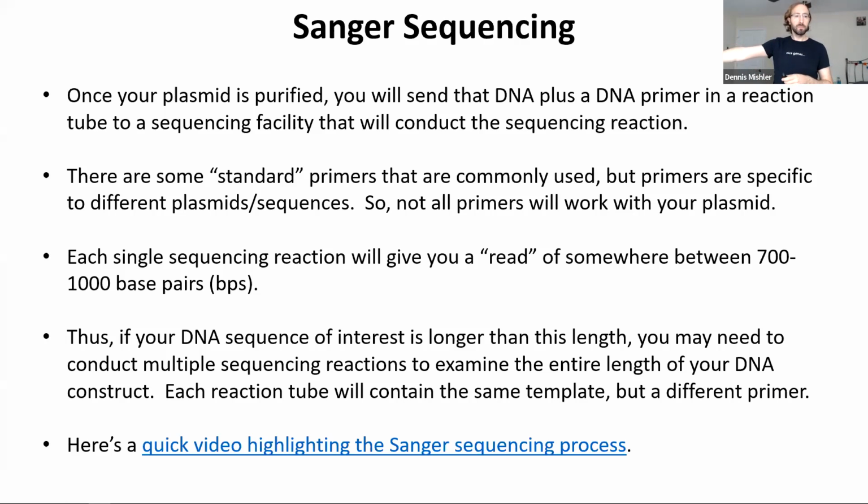Now, primers are actually the most important part of doing a sequencing reaction. You have to decide which primer to use. For a lot of plasmids, there are standard sequencing primers, but those vary from plasmid to plasmid. So you want to figure out whether there are any standard sequencing primers for your backbone. You'd want to read about that and see what the sequencing facility uses.